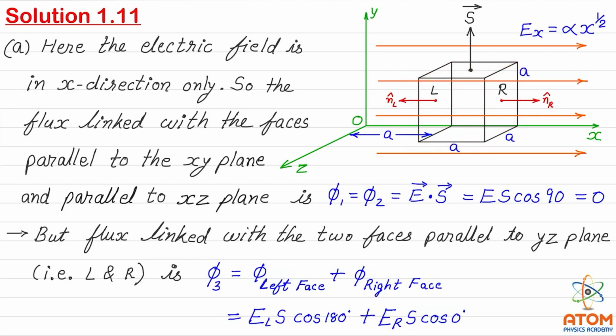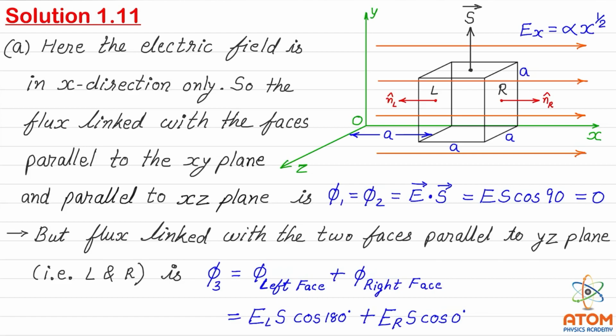So, the flux of these two faces is, let us say, phi 1. And then the xz plane. So, here is the xz plane, and that's why the bottom face of this cube and the top face of this cube both are parallel to the xz plane, and the flux linked with these two faces is phi 2.